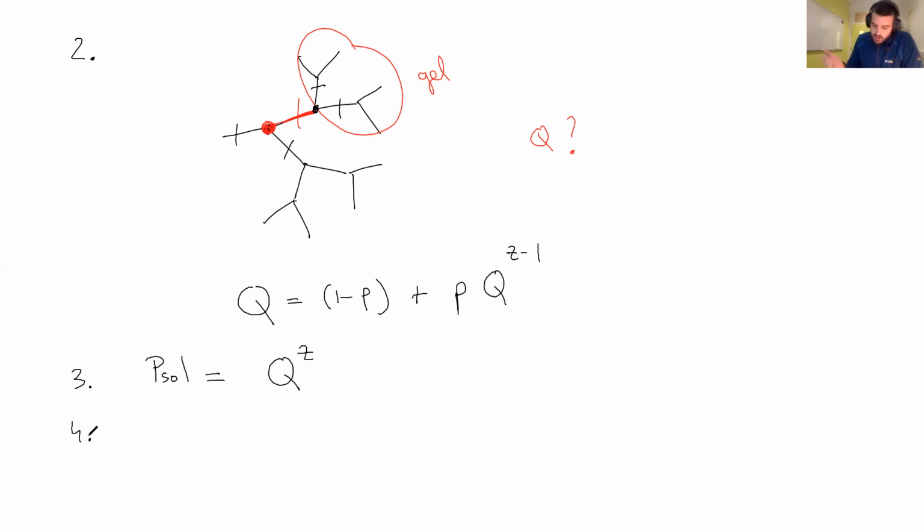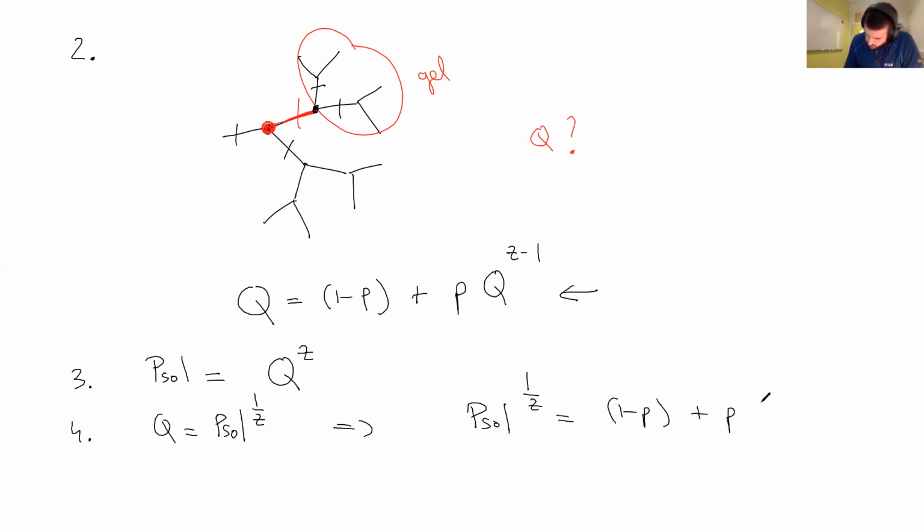Well, then you just simply replace Q by P sol to the power 1 over z. So you have the following equation. If I plug that into this guy, P sol to the power 1 minus 1 over z.